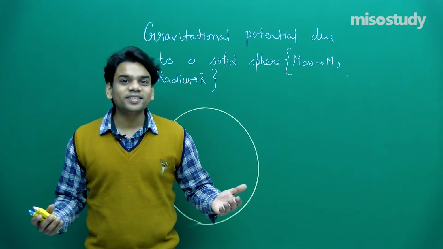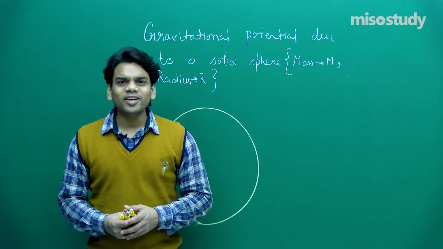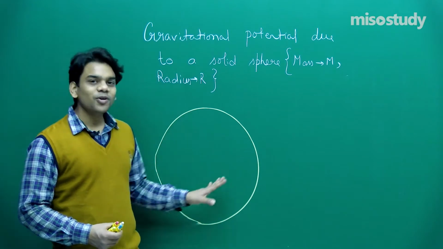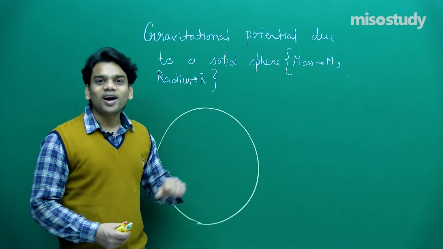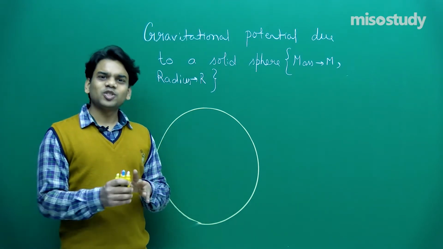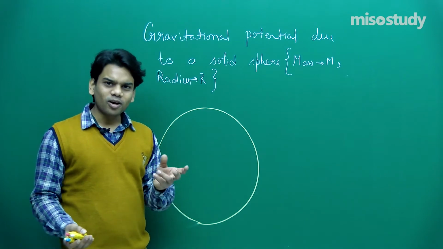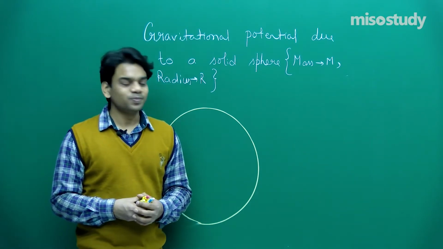The very basic example is Earth. Earth can be treated as a solid sphere, and after deriving this, we will use the concept to understand the potential due to Earth. You can also take a solid rubber ball, where the mass is uniformly distributed in its entire volume.